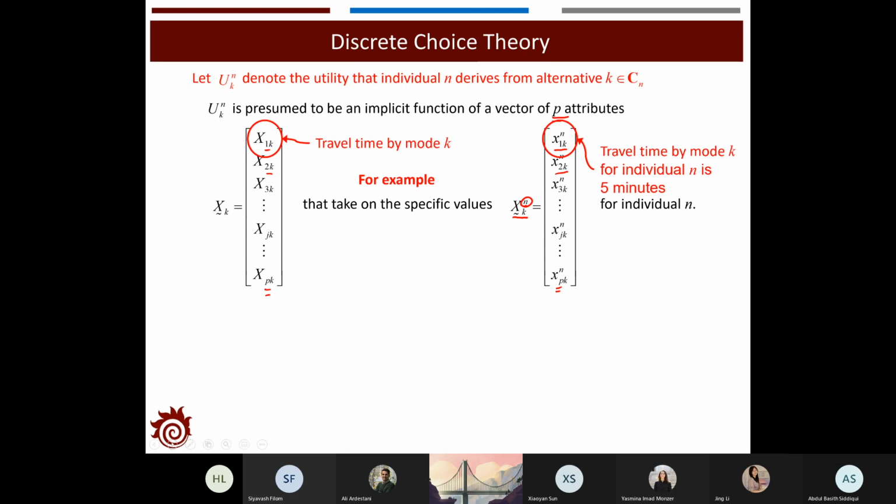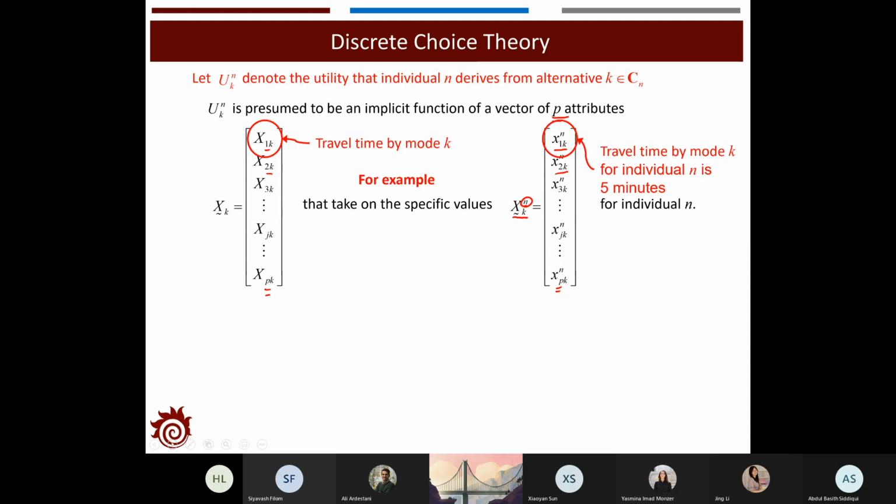Regarding those attributes, the first one could be considered as travel time, and it could also be the fare price of the tickets, and so on. Let's just take travel time as the example.